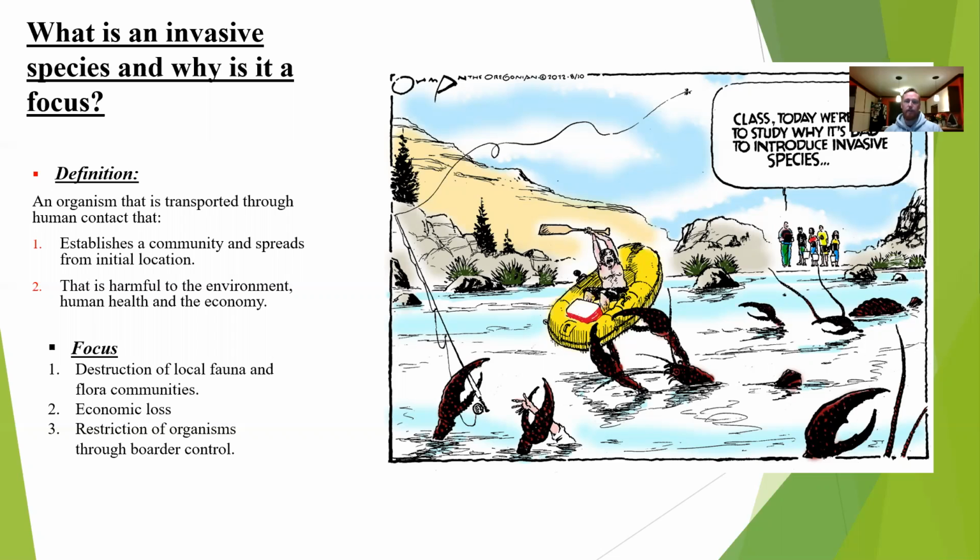A lot of it destroys a lot of the crops, and people try to restrict it so it doesn't cost as much. Also, there are a lot of new protocols being implemented through border control from place to place. So those are the three main focuses for invasive species throughout the world.